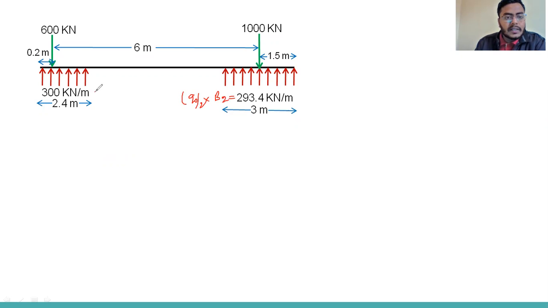Here we can see this 300, this is Q naught 1 into B1. So this is the intensity in kilonewton per meter. Here is the L1 length, 2.4 meter. Here is the B2, because this is square in shape, and this is rectangular in shape.